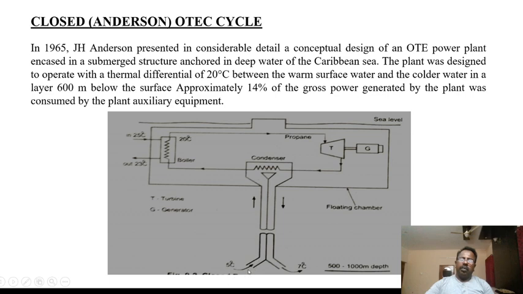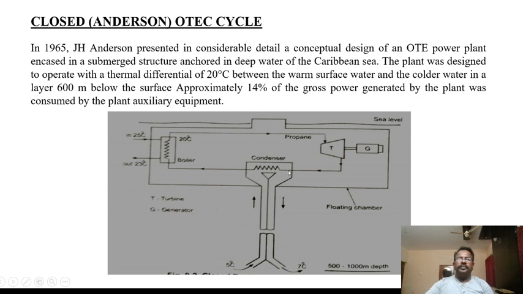The cold water is transferred from the deep water source of the sea, and that water takes the heat out of the condensate, so it leaves as increased-temperature water. The entry temperature of the water will be 5 degrees centigrade, and the exit water temperature will be around 7 degrees centigrade. So it gains heat from the condenser and is then taken back to the lower layer.